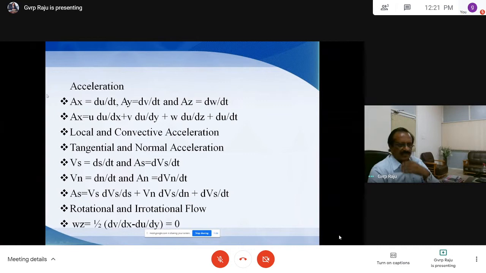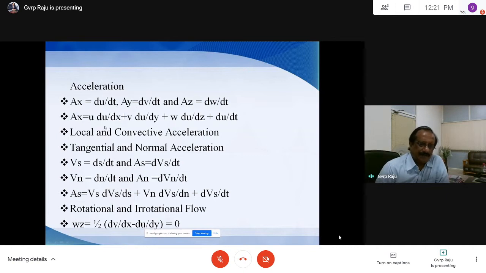And the other form of acceleration: you can expand acceleration ax, ay, az. I have taken ax here for our notice. So ax is equal to small u, the velocity component in the x direction, du by dx, plus small v, du by dy, plus small w, du by dz, plus du by dt.